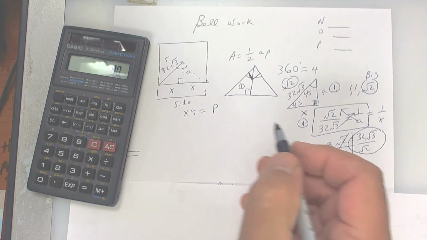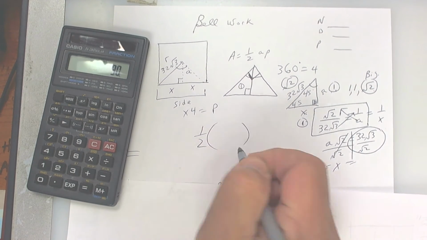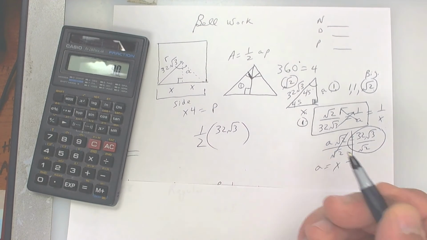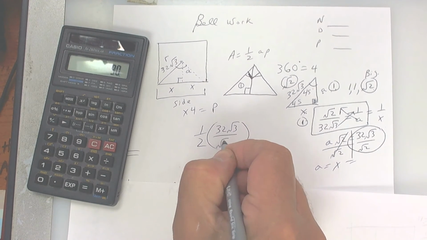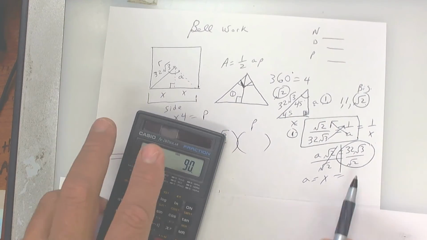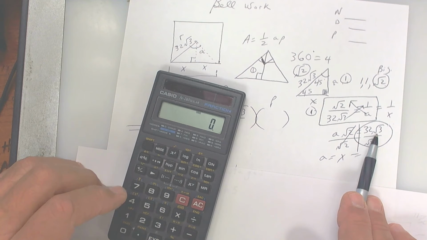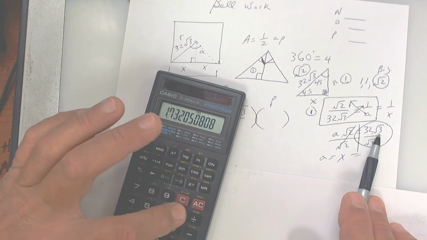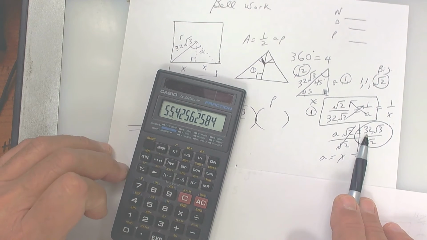Since we know it's the A, we can say 1/2 A times the perimeter, and that's a monster. So it's 32 square root of 3 over square root of 2. The perimeter, you're going to have to double this. So clear your calculator. Press 3, shift, square root, times 32, press equals.